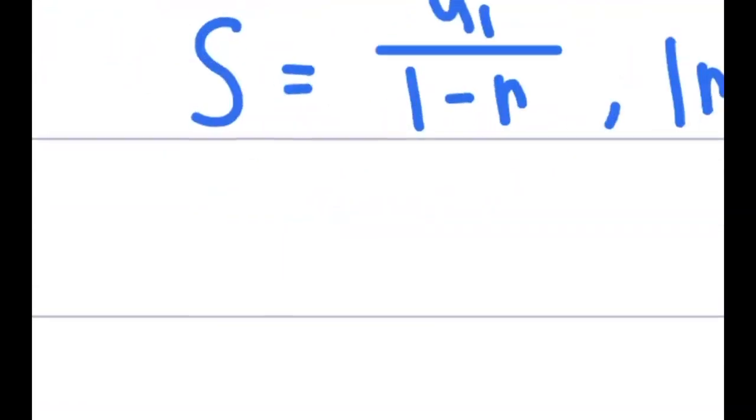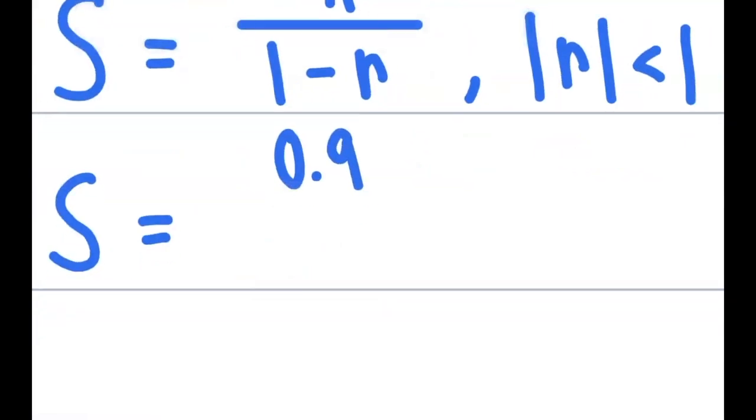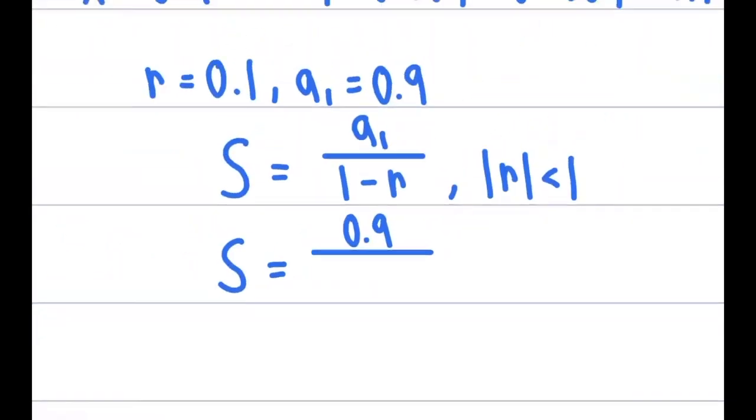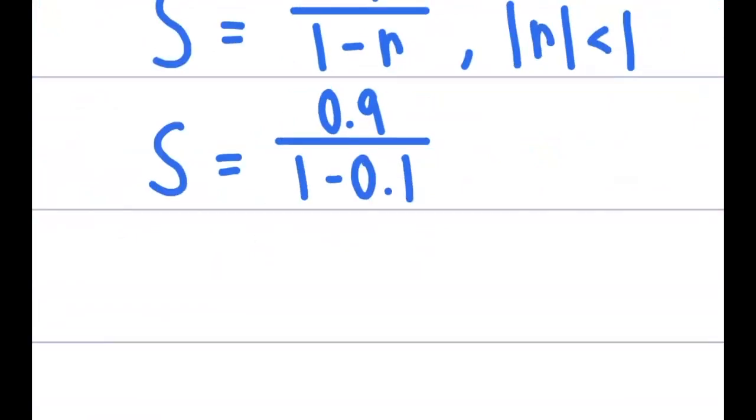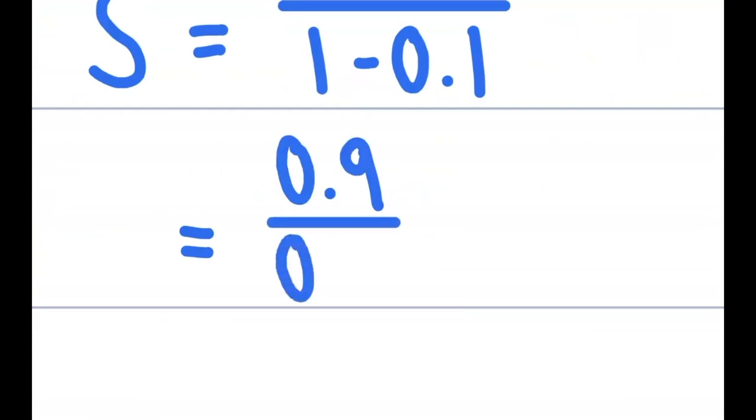So the sum equals a1, which is 0.9, divided by 1 minus 0.1. And 1 minus 0.1 is just 0.9. So you're left with 0.9 divided by 0.9.